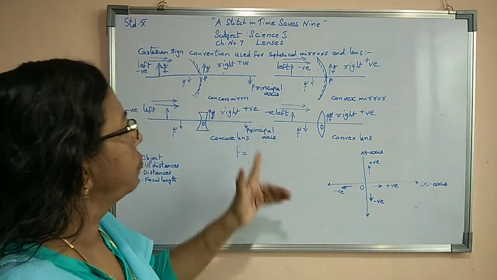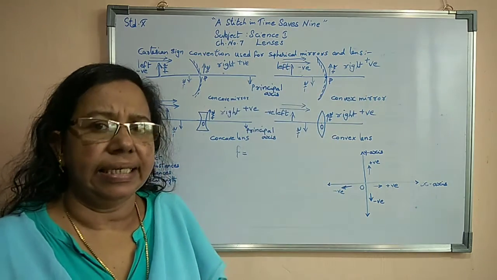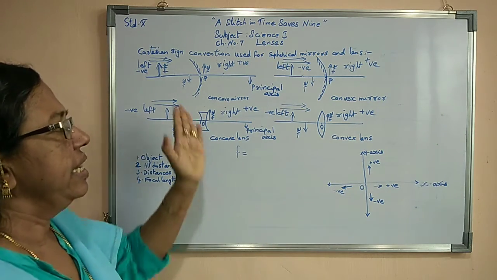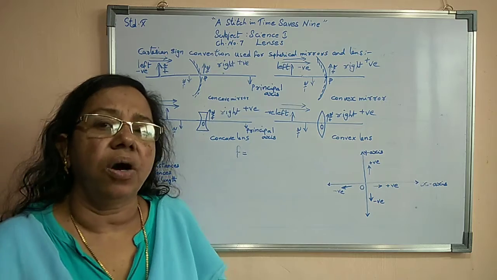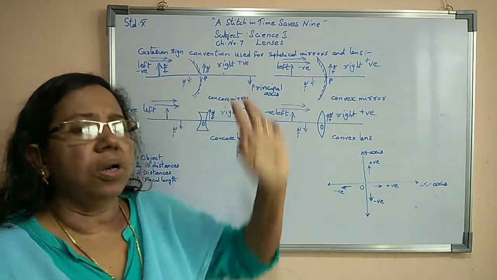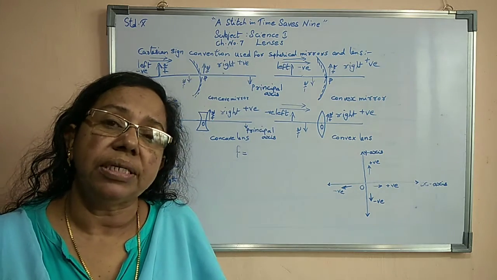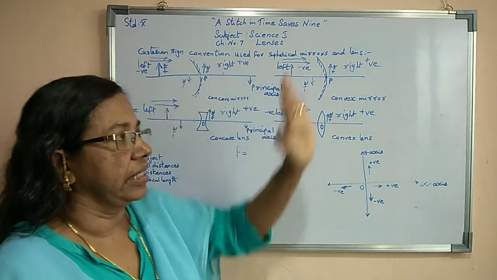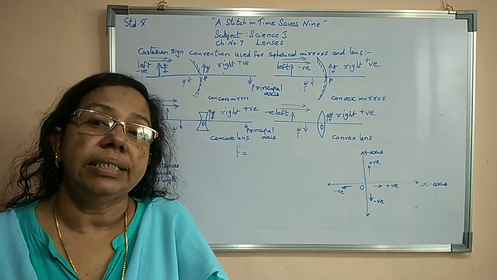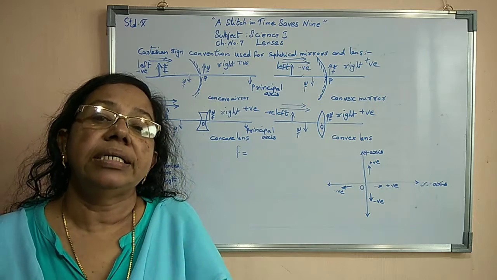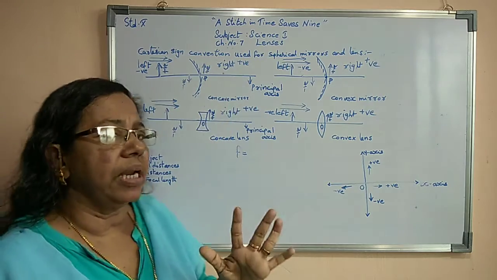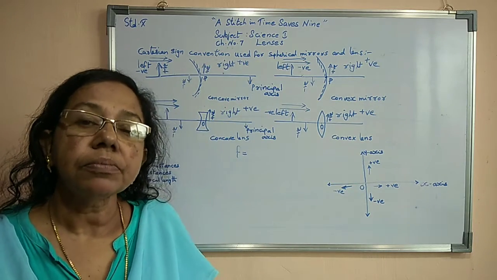So for the focal length of spherical mirrors and lenses, we have to see whether it is a convex lens or a concave lens, whether it is a convex mirror or a concave mirror.